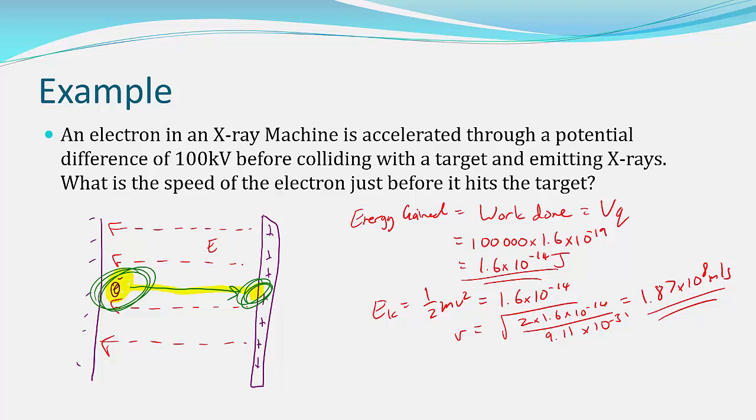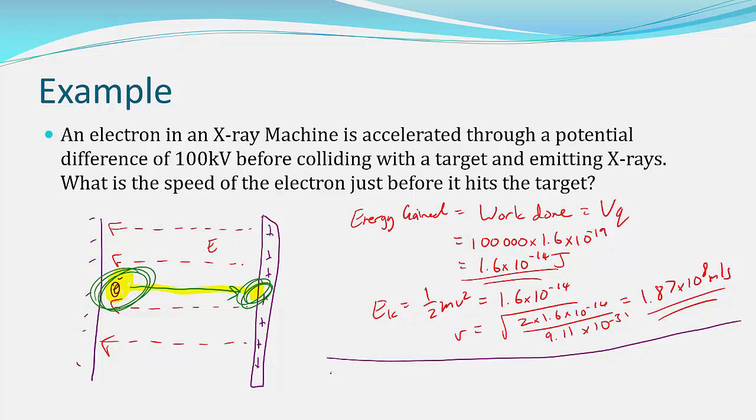Now, with a question like this, there's actually a shortcut or a faster way that you can work it, and you've probably already figured that out, because a lot of questions will ask you how fast is a charged particle going to be going given these bits of information.